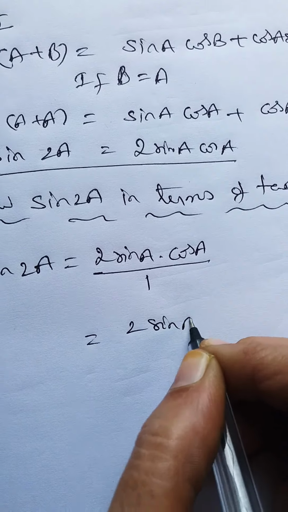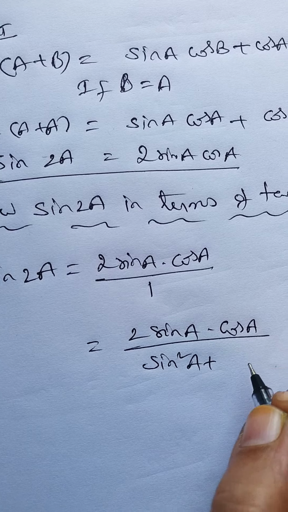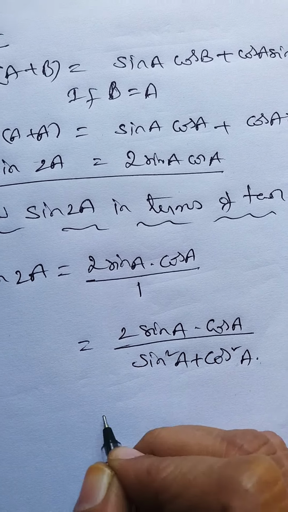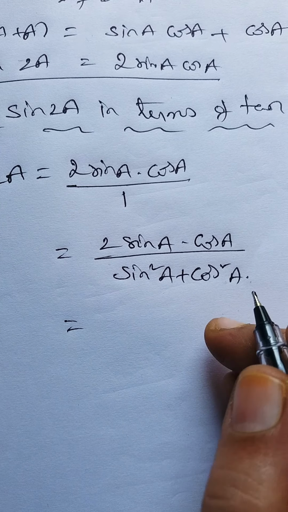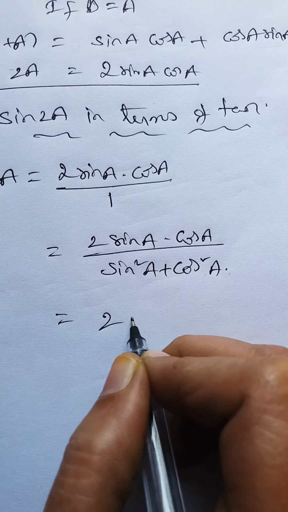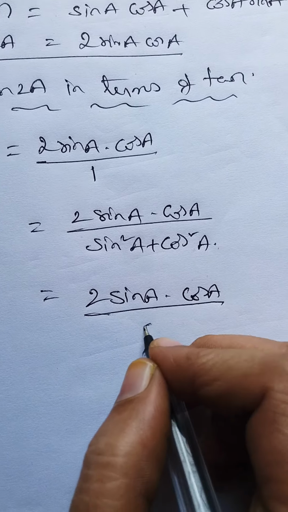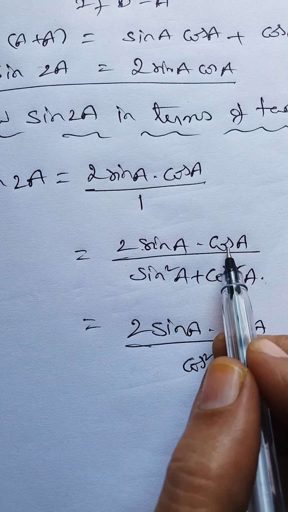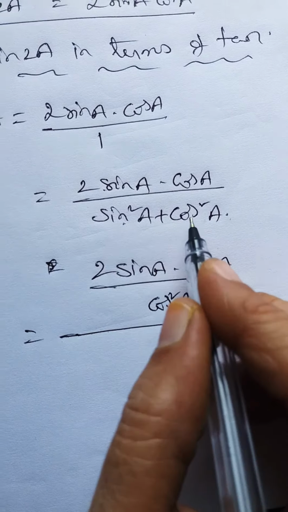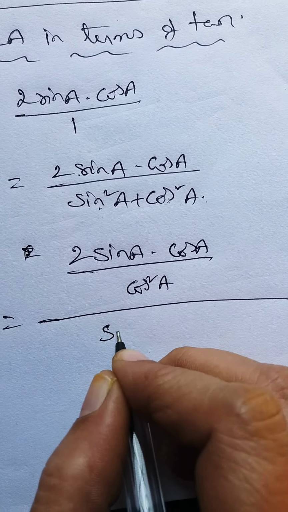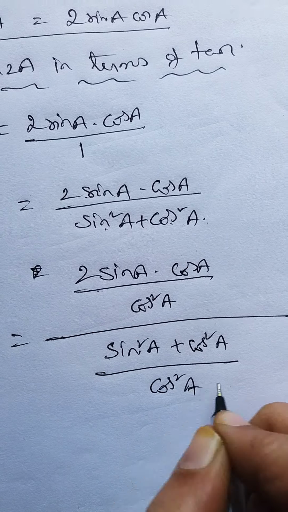Now, 1 can be written as sin square A plus cos square A. To get in terms of tan, divide numerator and denominator by cos square A.